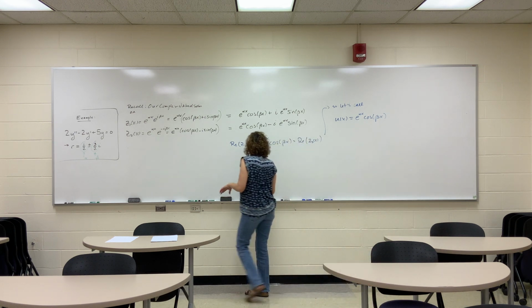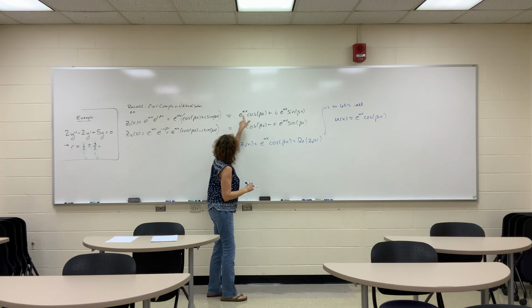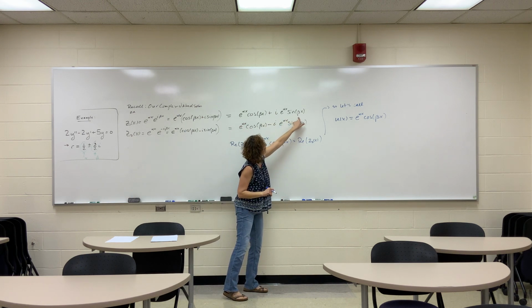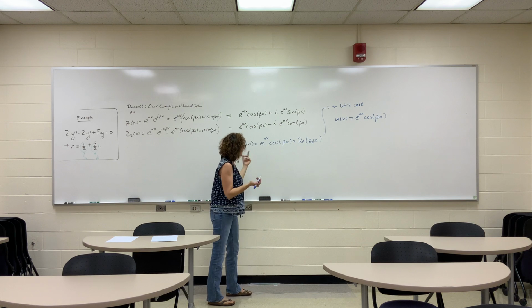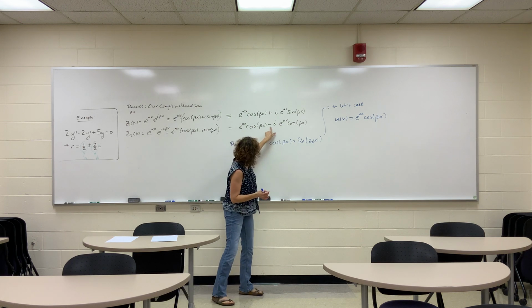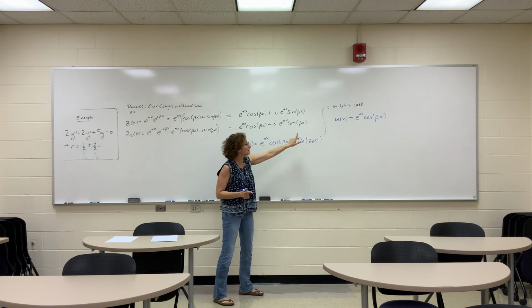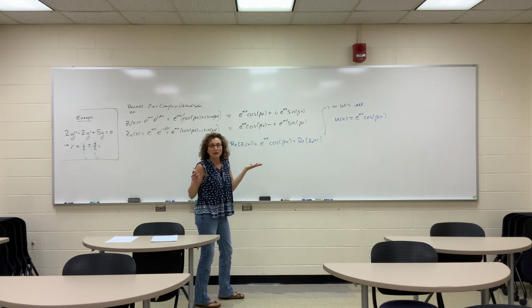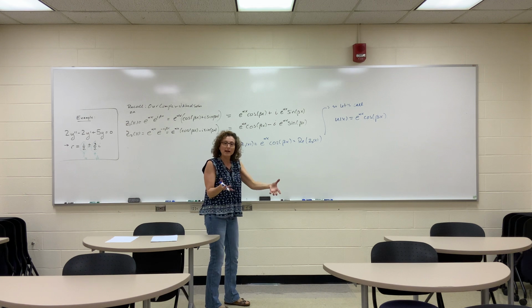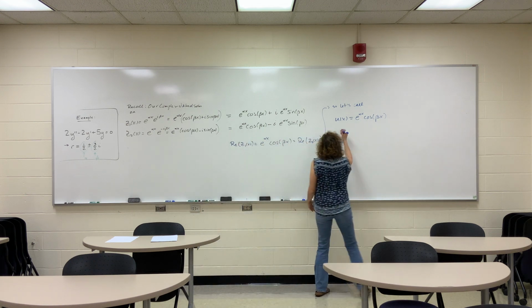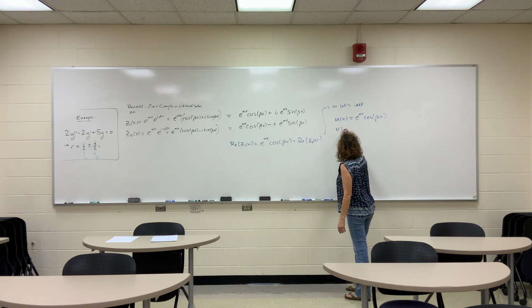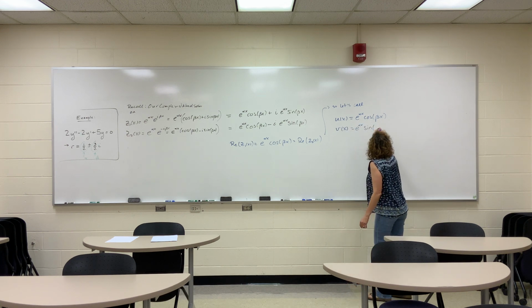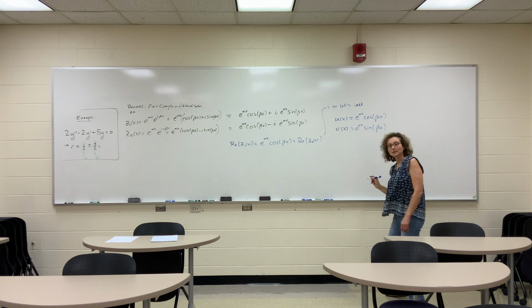Now, similarly, the imaginary part of z1 is e to the alpha x sine beta x, and the imaginary part of z2 is minus e to the alpha x sine beta x. But e to the alpha x sine beta x seems like another real valued function that we ought to call something else. So let's call v of x equal to e to the alpha x sine beta x, right?